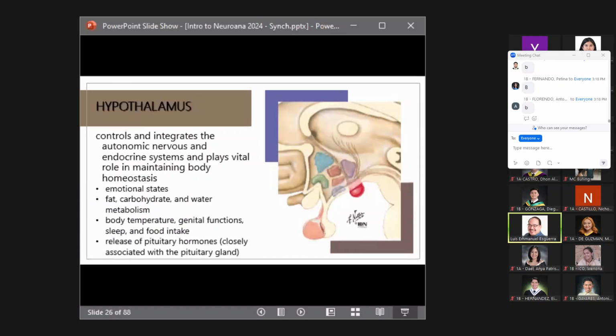And also the release of pituitary hormones, because that's why it's closely associated with the pituitary gland, as you see here below the hypothalamus. They have the releasing hormones to the pituitary gland. You'll have a lecture on the role of the hypothalamus towards the end of the course.